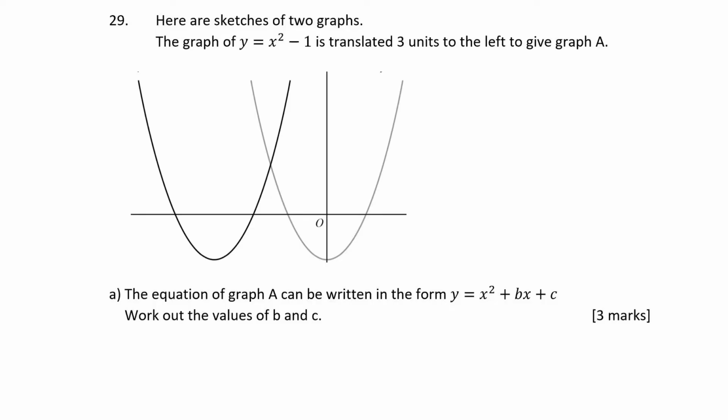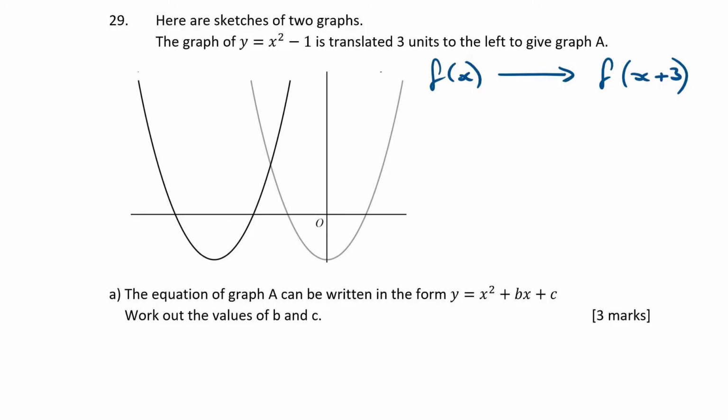So the graph of y equals x squared minus 1 is translated 3 units to the left to give graph A. Okay, so if I take a function f of x and I translate it 3 units to the left, that is equivalent to taking my value of x and adding 3 to each value. In other words, where I see x in my equation, I'm now going to have x plus 3 instead.